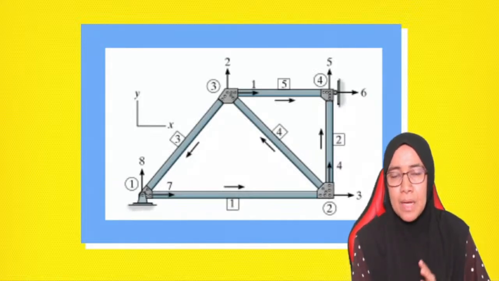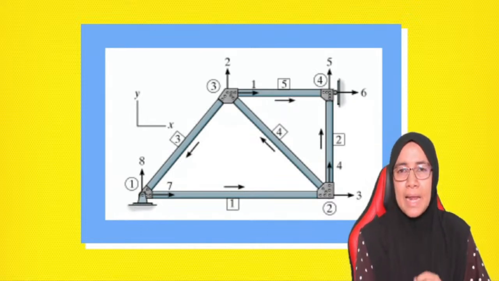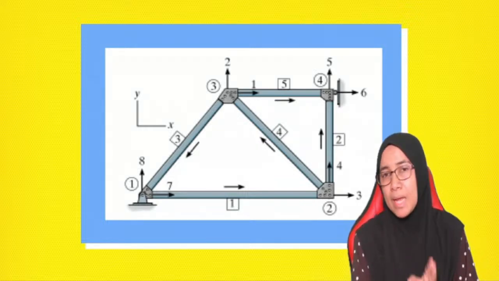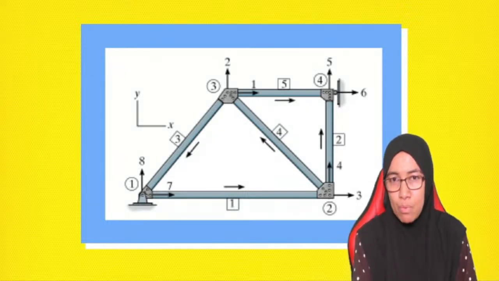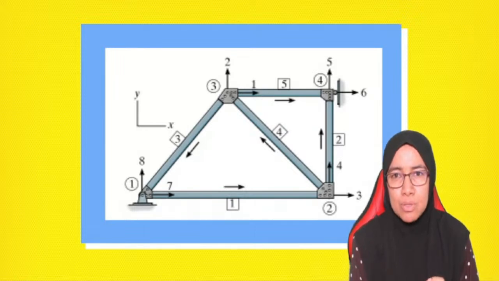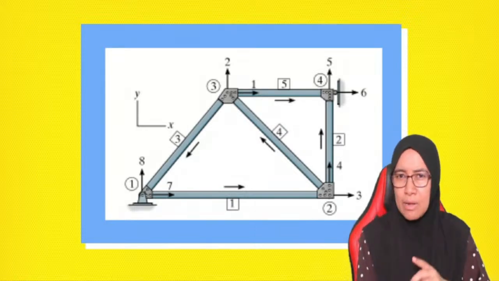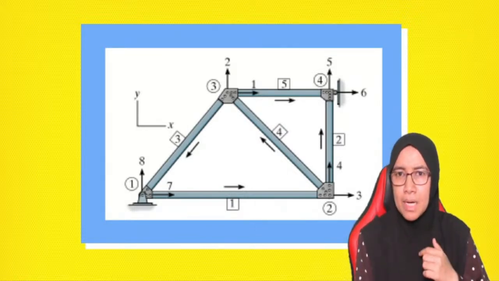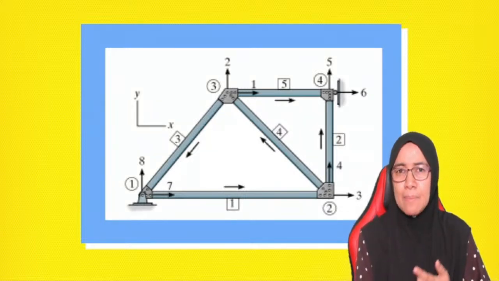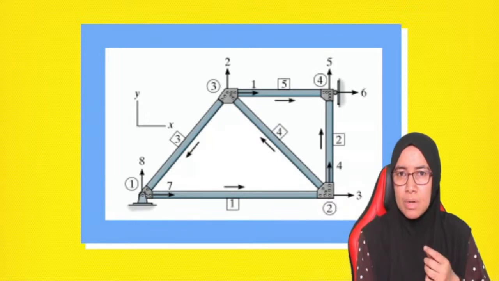So looking at this diagram, element number 1 joins node number 1 and node number 2. Element number 2 joins node number 2 and node number 4. Element number 3 joins node number 3 and node number 1.